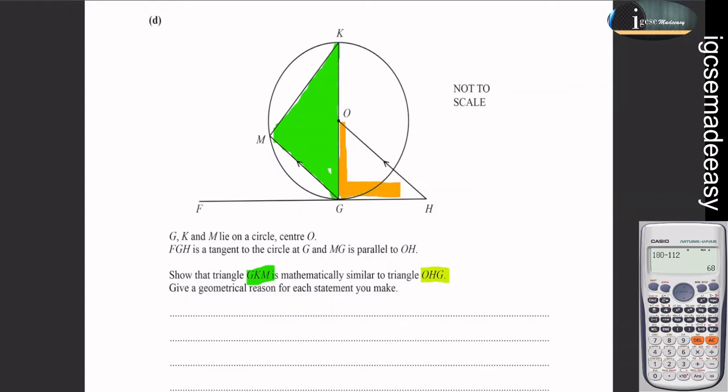So in these two triangles, you have to prove that they both are mathematically similar.